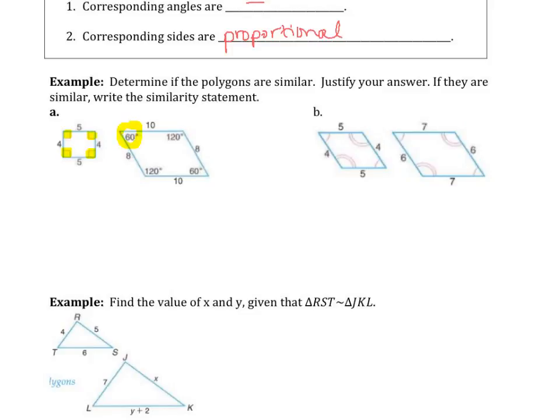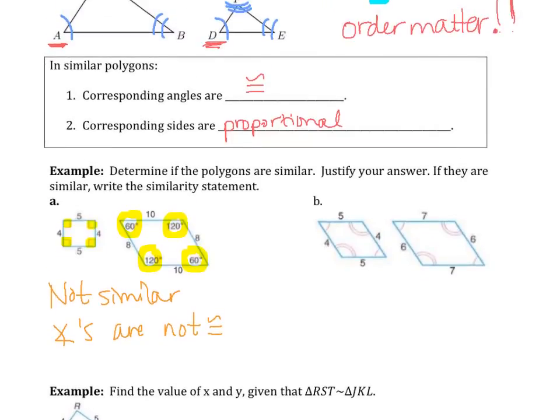Notice in this triangle my angles are not right angles, so therefore we can say that our polygons are not similar because their angles are not congruent. So in order for those polygons to be similar, just like we saw up here, those angles have to be congruent.